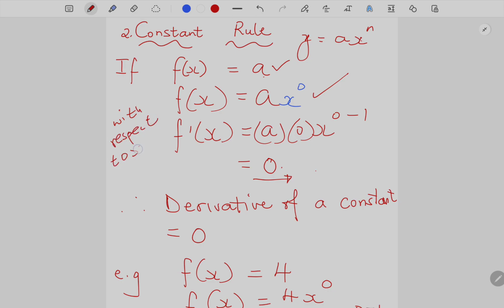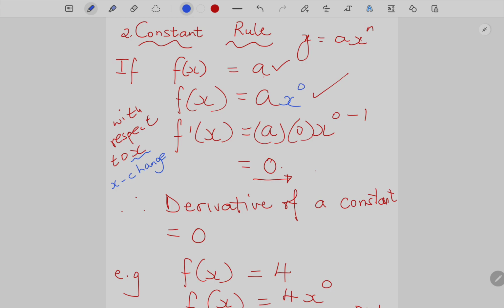What does that mean, with respect to x? It means it is x that must change. So if you don't see x next to a, it means a is a constant. Any number that does not have x when we're doing the derivatives, its derivative is going to be equal to 0, or its differentiation is going to be equal to 0.